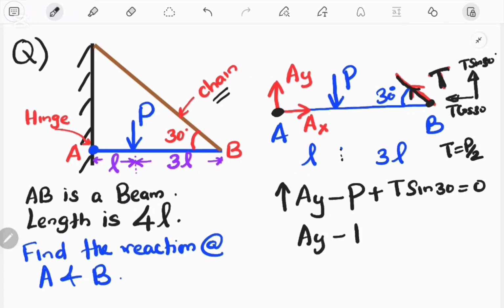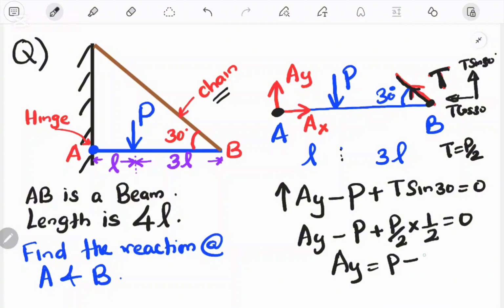AY minus P plus T, which is P by 2, again sin 30 is half, equal to 0. Therefore, AY is equal to P minus P by 4, equal to 3P over 4. AY is equal to 3P over 4.